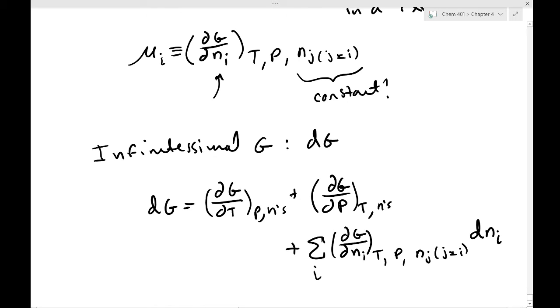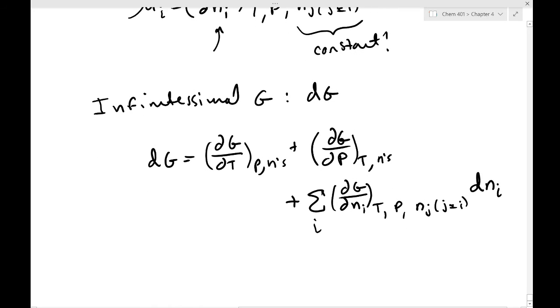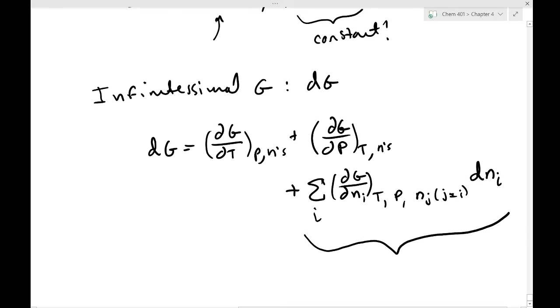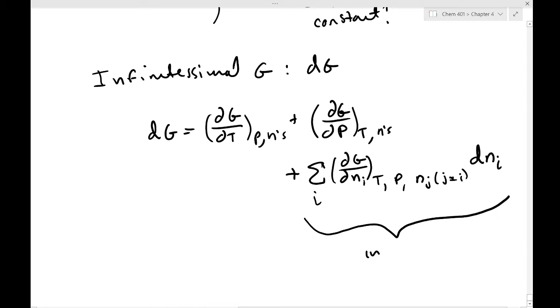So this is summing over all of the possible chemical potentials. And now the infinitesimal change in G includes the possibility for n_i to change.